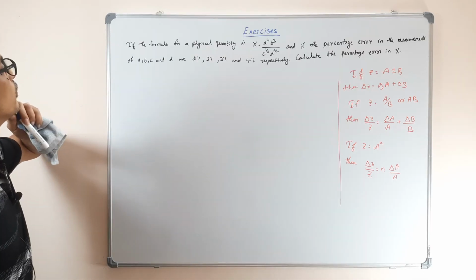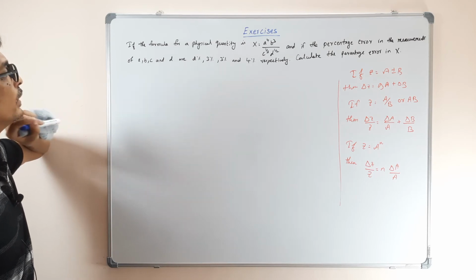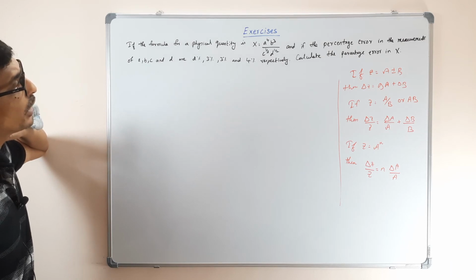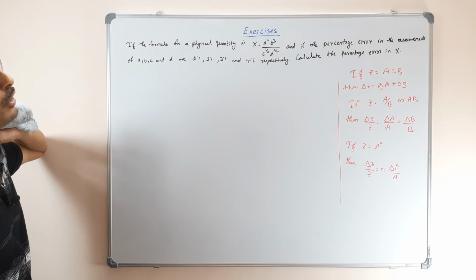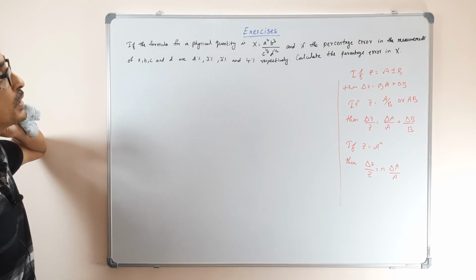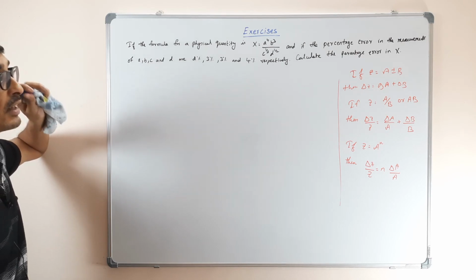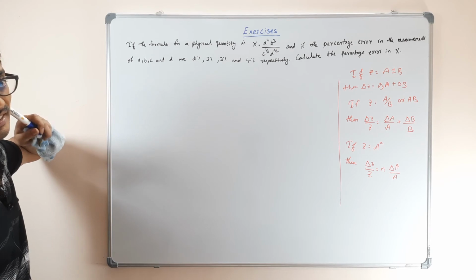Let us do this problem. If the formula for some physical quantity is x equal to a power 4 b cube divided by c to the power of 1 by 3 and d to the power of 1 by 2, and if the percentage errors in the measurements of a, b, c and d are 2%, 3%, 3% and 4% respectively, calculate the percentage error in x. This is simple.